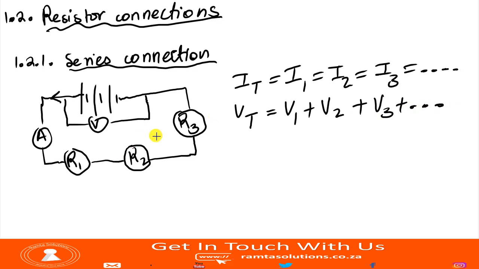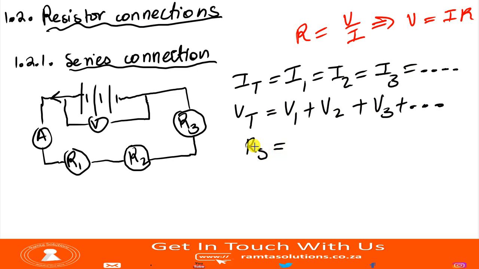Remember, R is equal to V over I, so V is equal to IR. If you substitute that, you will get that the total resistance, let me call it RS for resistors in series, is R sub 1 plus R sub 2 plus R sub 3, and so on.